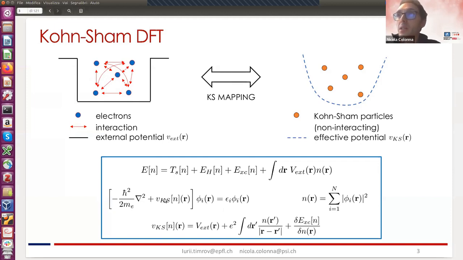Now, this is, from a computational point of view, very, very easy, much easier than solving the many-body Schrödinger equation, but you have to pay the price that you don't know how the mapping is performed. So you know that this mapping exists, but you don't know the exact expression for the exchange and correlation energy functional.